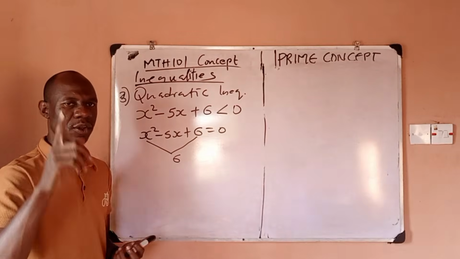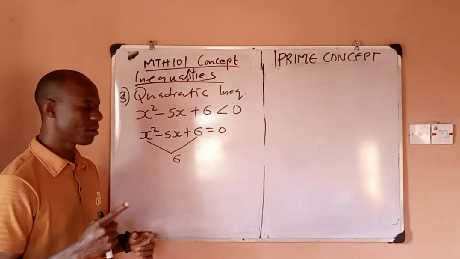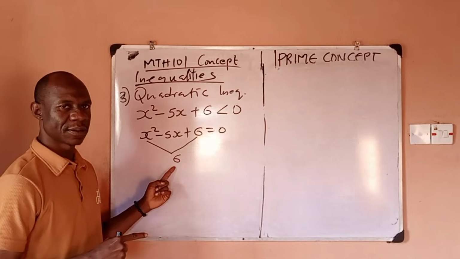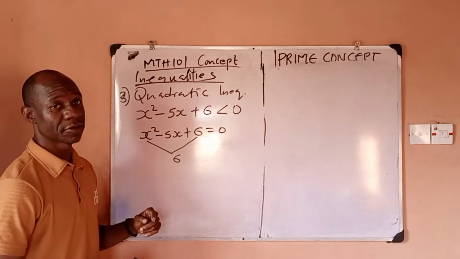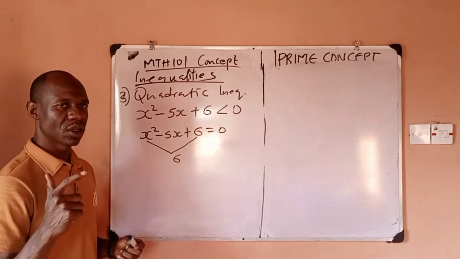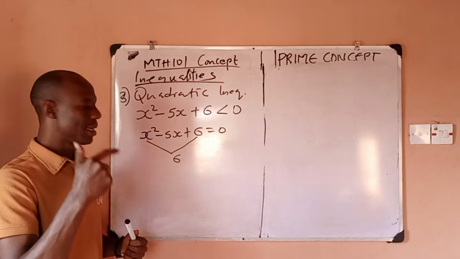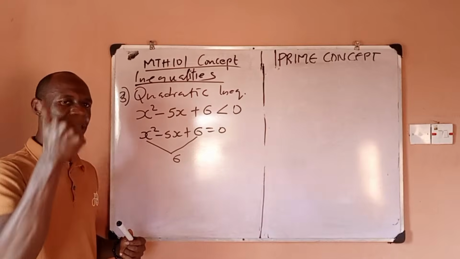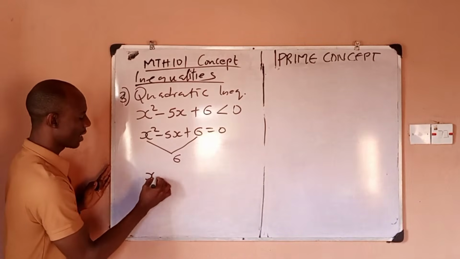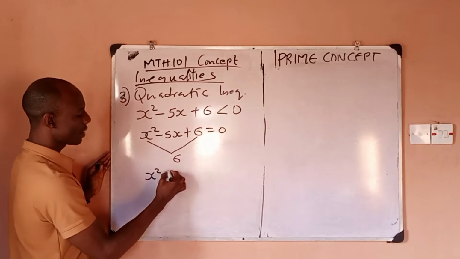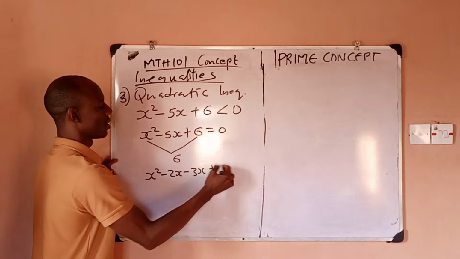So you look for two numbers such that when you multiply those two numbers, it will give you 6, and when you add those two numbers, it will give you -5. Those two numbers are -2 and -3. So that -2 times -3 is 6, and -2 minus 3 is -5. So I'm going to have x squared minus 2x minus 3x, then plus 6.